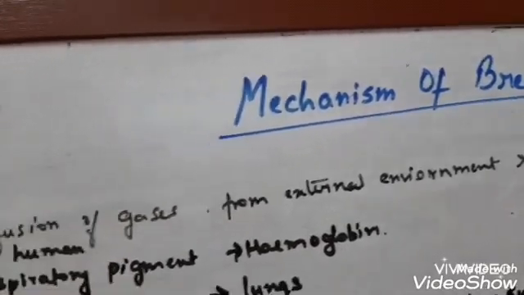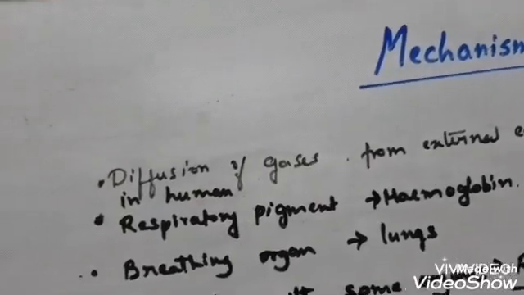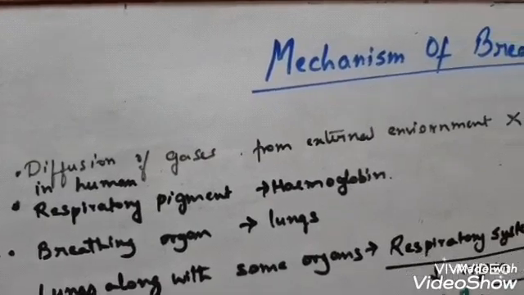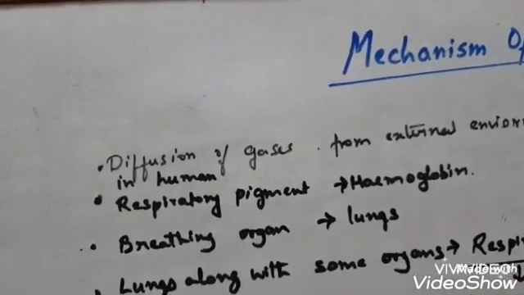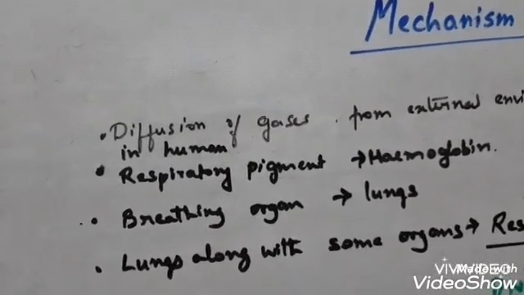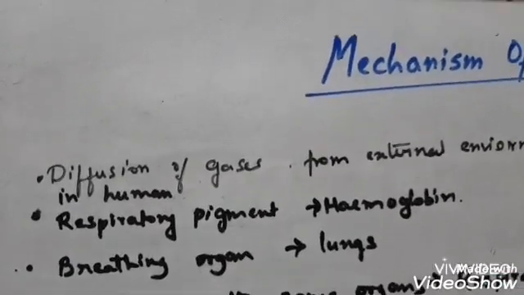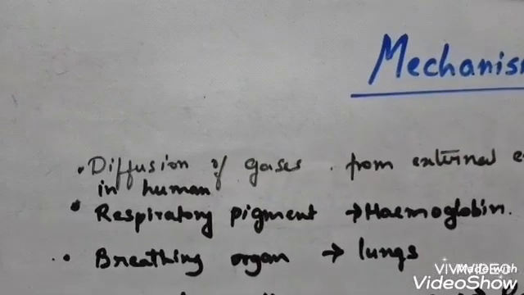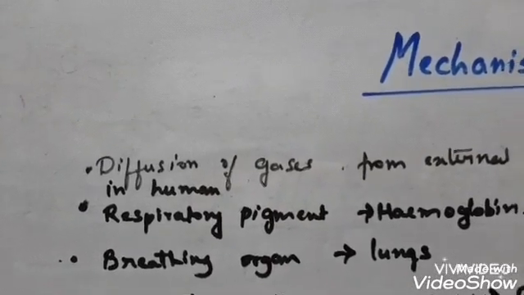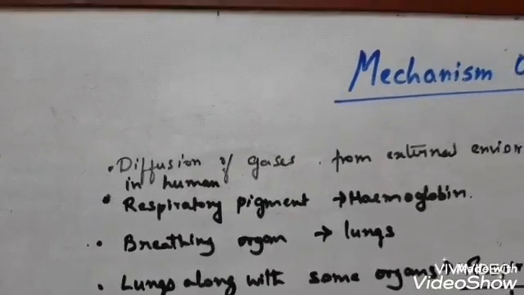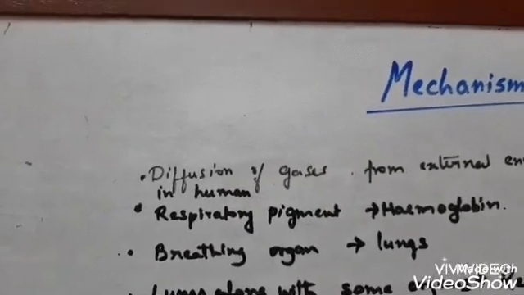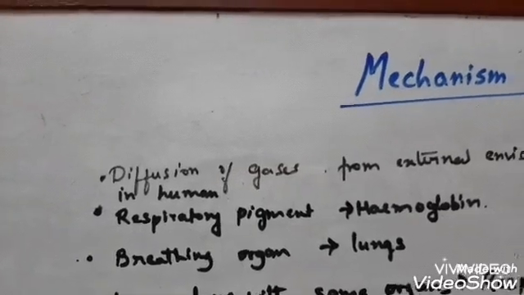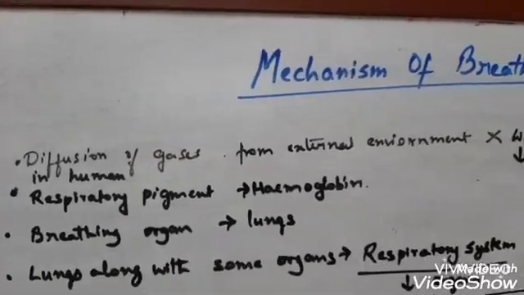Now you see, in multicellular human beings, diffusion of gas from the external environment to the lungs is not possible. Why? Because you have read in the previous part that in human beings, as we have a complex body design, every cell of our body is not directly in contact with the environment, and hence our body cells cannot diffuse the oxygen or the gases directly from the environment to our respiratory system.